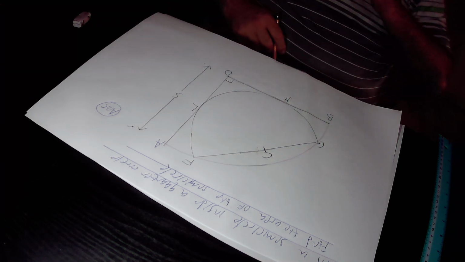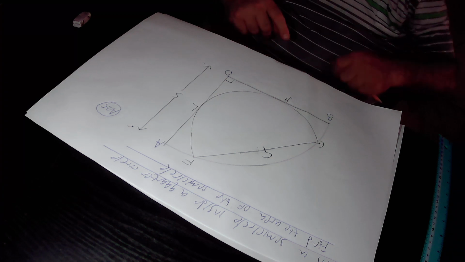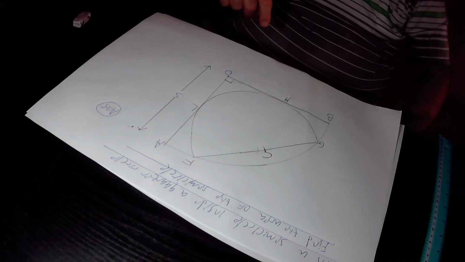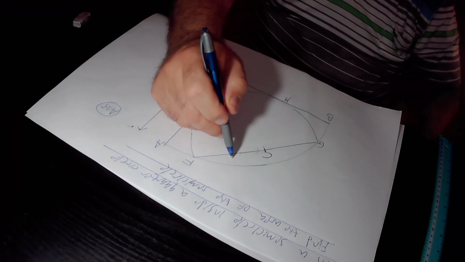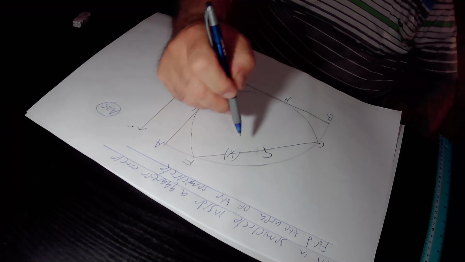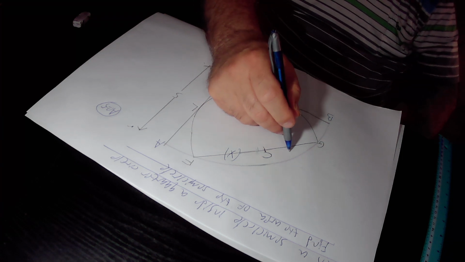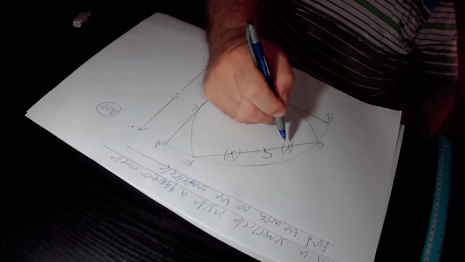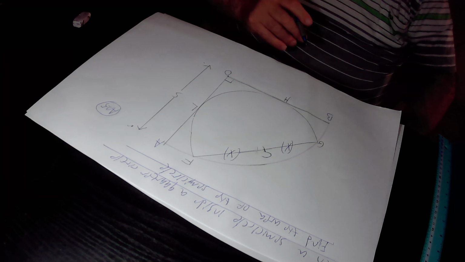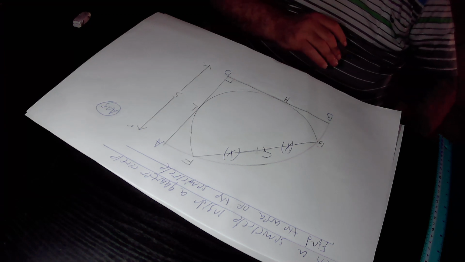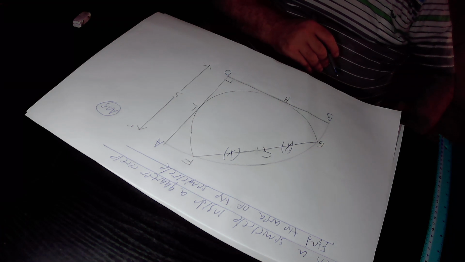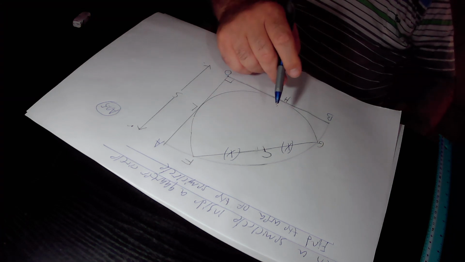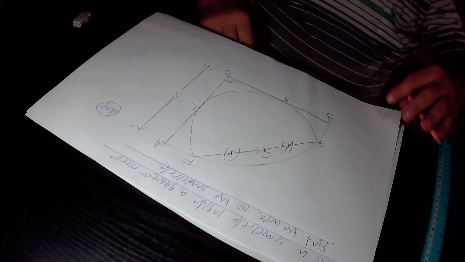In addition, we define the radius of this semicircle as x. So CF equals x and CG also equals x. In the next step, we will join points C and H together by a straight line.